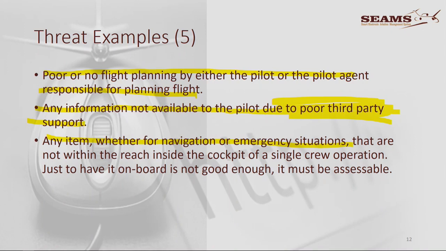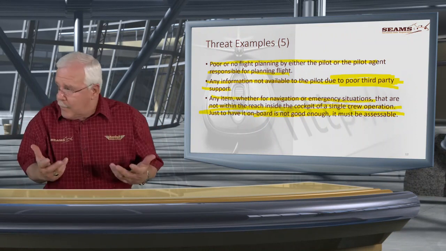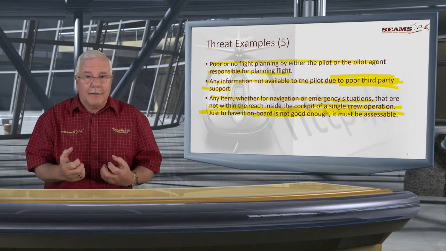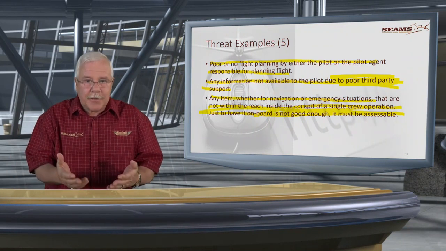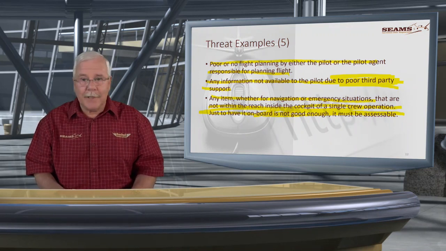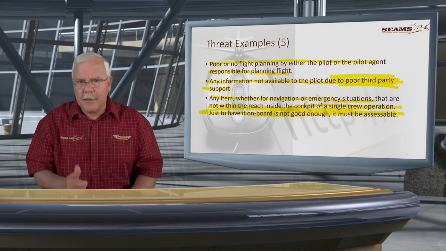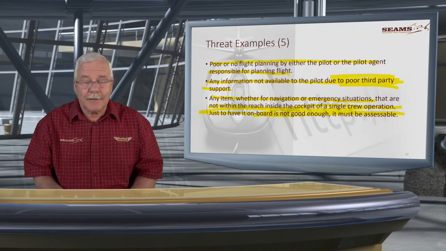Anytime the navigation or emergency systems are not within reach. Look at stuff on board that is not in reach that you need. The moment you start, where in the aircraft is it? And I can't get hold of that. I've got to go and shoot an approach here, but my lead-in plates are lying in the back. I need a sip of water, but the water is right there at the back. What are you going to do? Climb out and go to the back? I don't think so. Don't even try that.